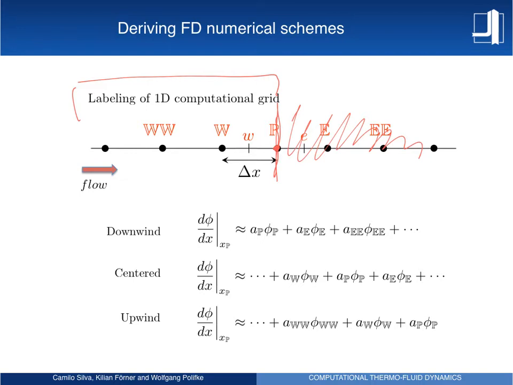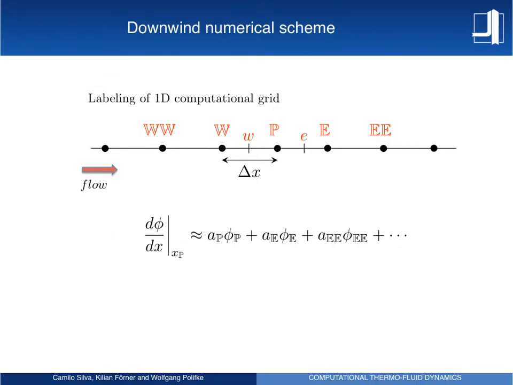Okay, and the contrary example is when you are in this domain and you don't have access to this information because it doesn't exist, so it's just the opposite. Then we will have a downwind scheme. Okay, so let's do the example of the downwind scheme.